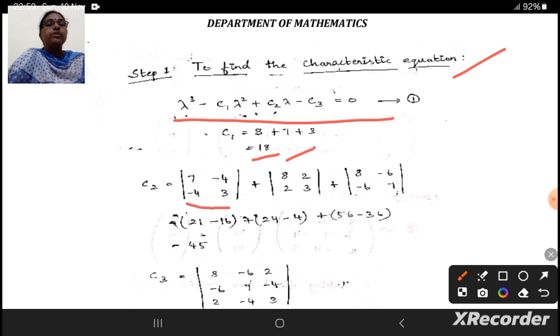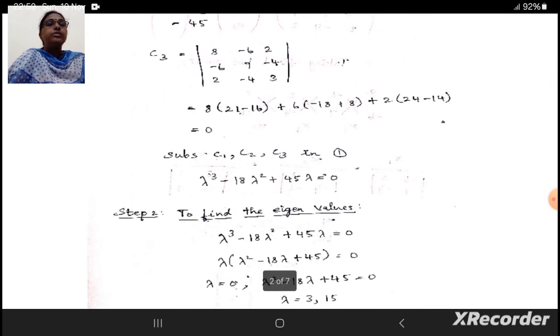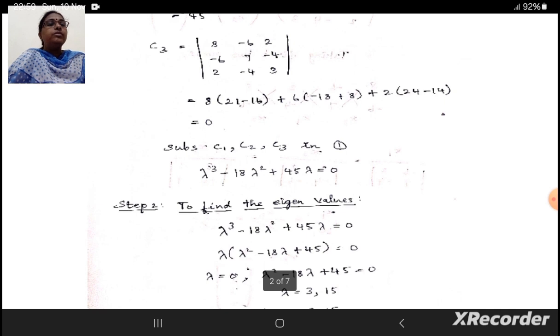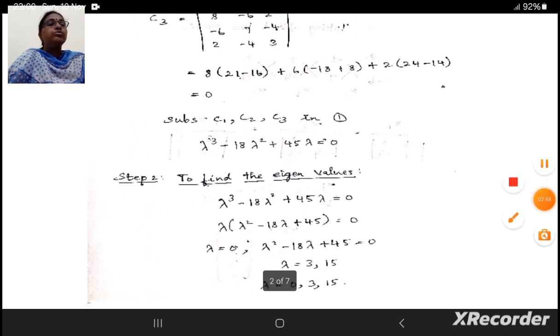Adding all three values, we get 45. And c3 is the determinant of A, which we already learned in our school days, so we can easily calculate it.